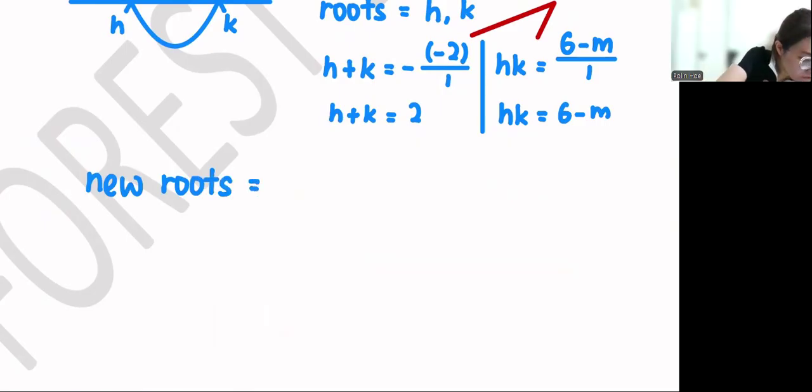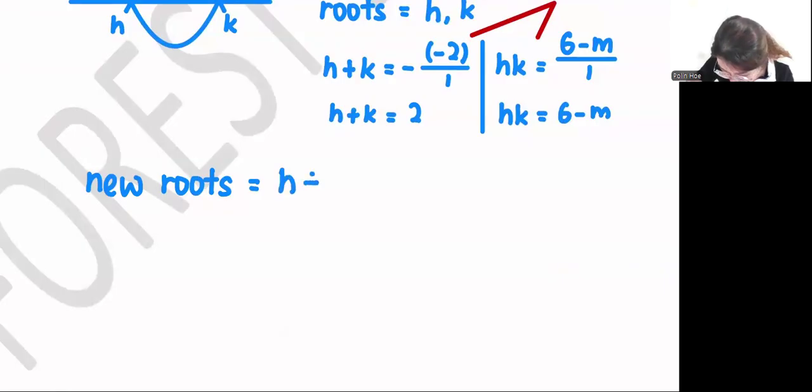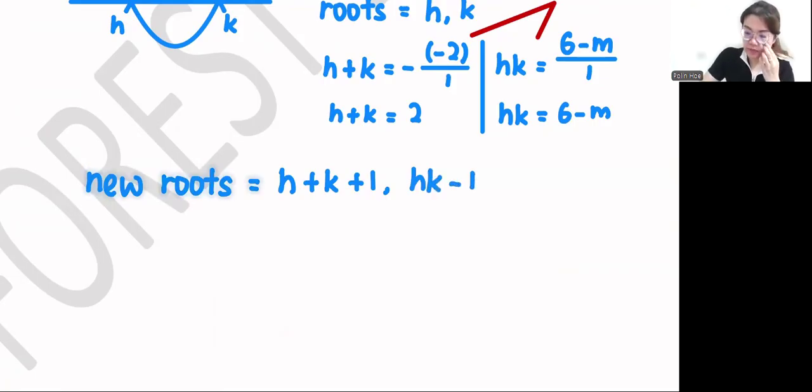What is my new? H plus K plus 1. H, K minus 1. This is the first new root. This is the second new root. And I need to find my SOR and POR.